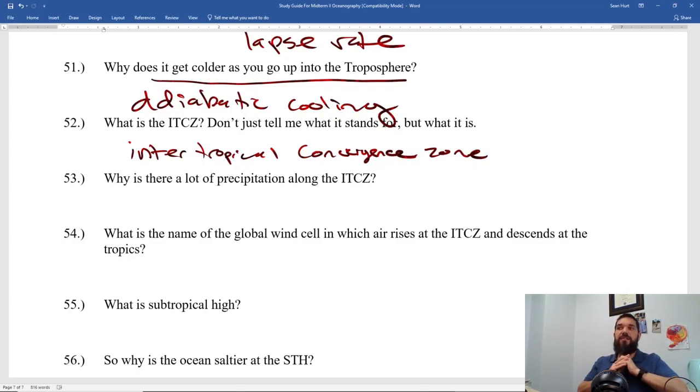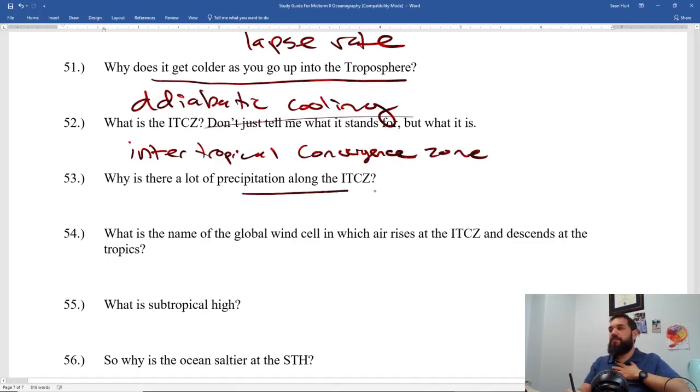So the ITCZ is an area of intense precipitation. It is what is responsible for monsoon seasons, for the rainy season that you get in tropical countries. It is also responsible for rainforests of the world and things like that.